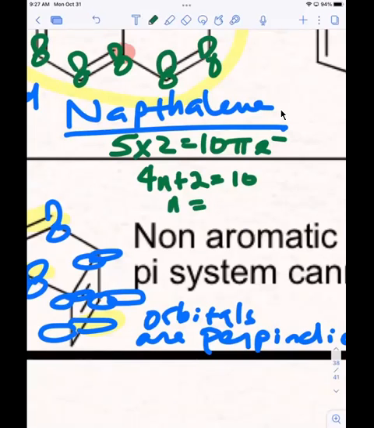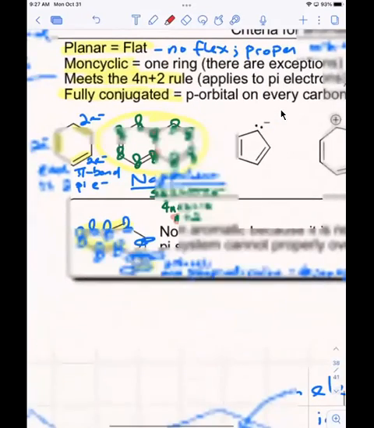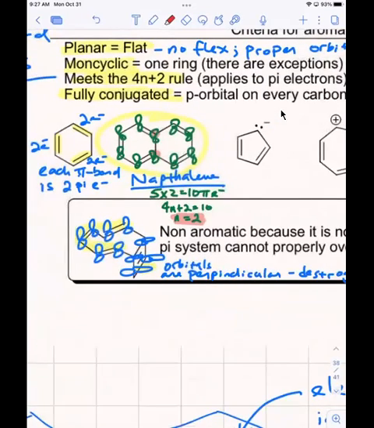If we solve for n, n will be 2. Good. So n is a whole number. That means it meets the 4n+2 rule. So naphthalene is indeed aromatic, right? It meets all the criteria except one, for which it's an exception, but it's still considered aromatic.